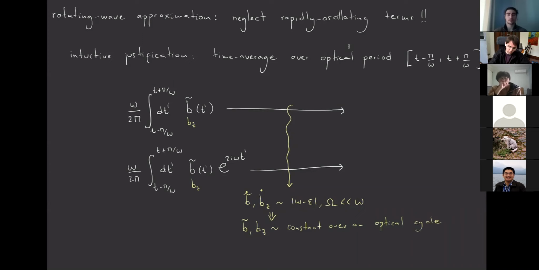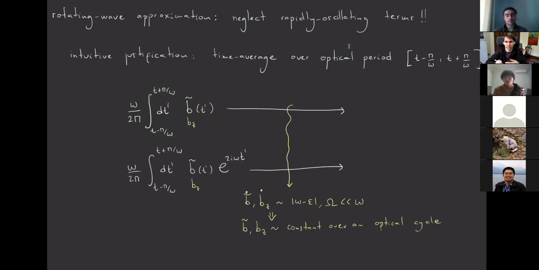So if you want, I tell you things in a more physical way. We have seen that this variable here, we expect it to be slowly varying with respect to optical frequencies. And this means that within an interval given essentially by an optical period, 2 pi over omega, this variable will not change.